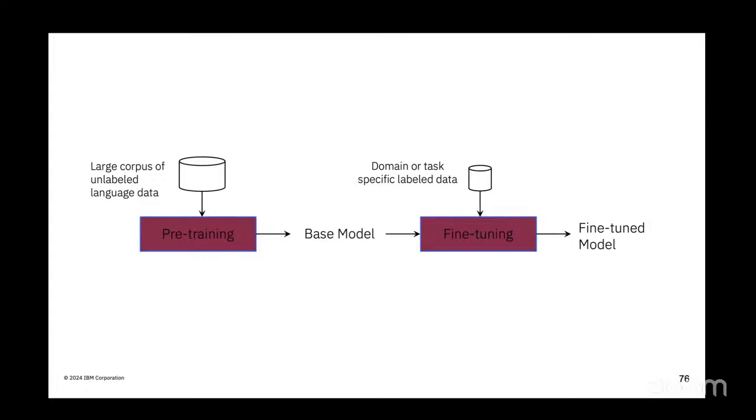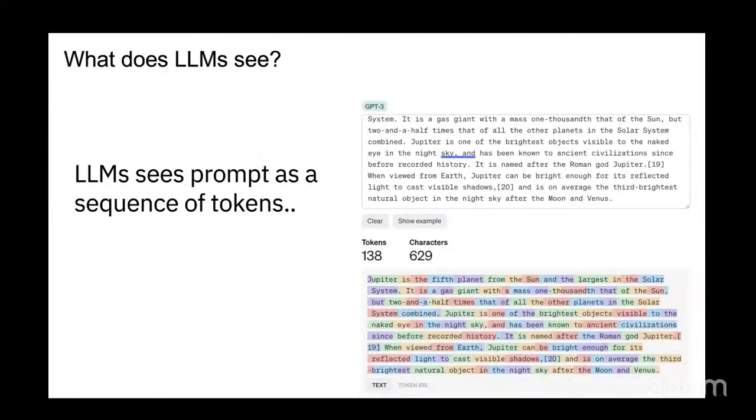I teach the model to answer these questions. Once we do this process, it figures out not only how to write sentences, it also figures out how to answer questions or generate a response based on the prompt which I gave. Right? Another important thing to know is that these models don't see any language.